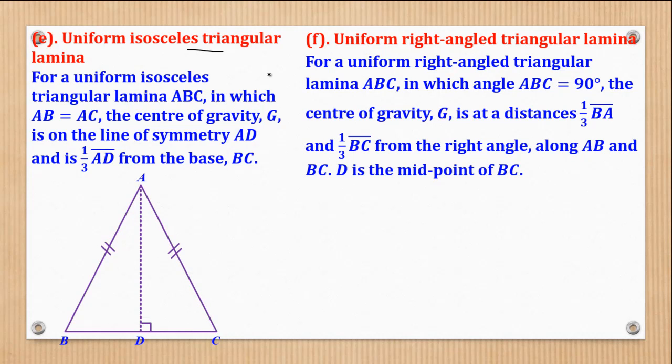There, the center of gravity still will be at that point, such that if AD is h, then DG will be a third, and AG will also be 2 over 3h. It also works for a right-angled triangle.